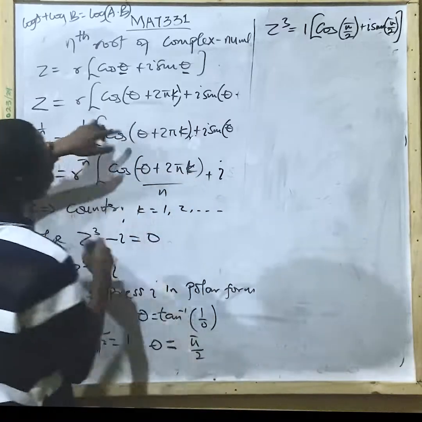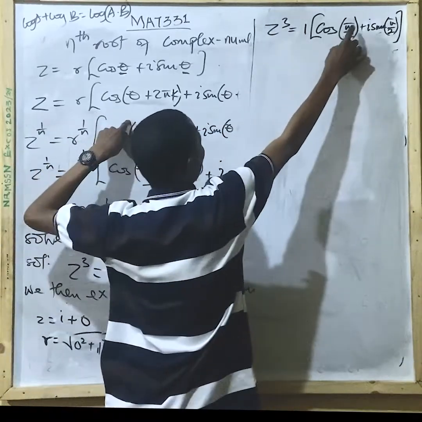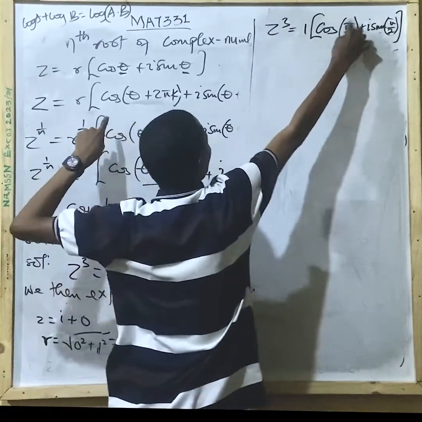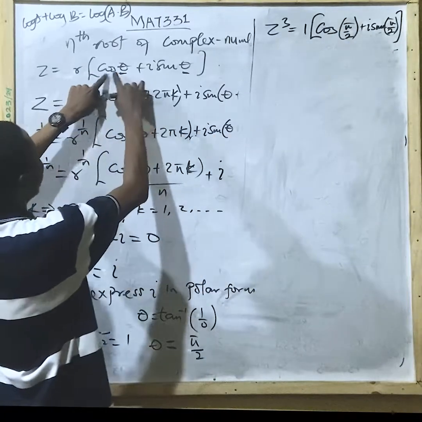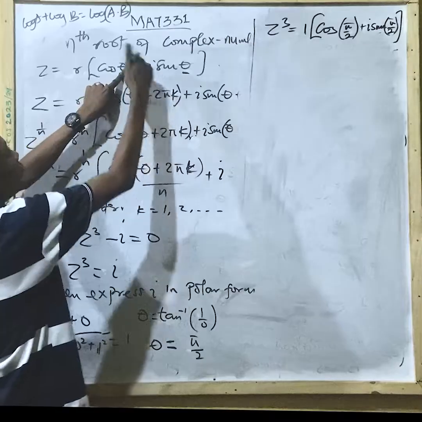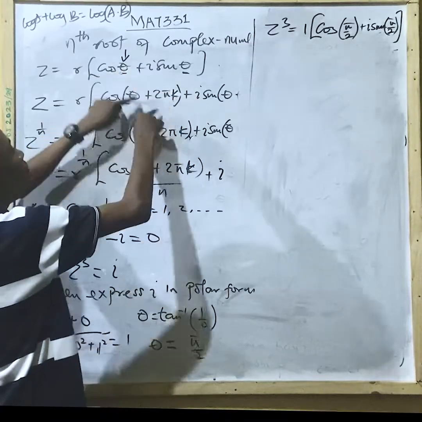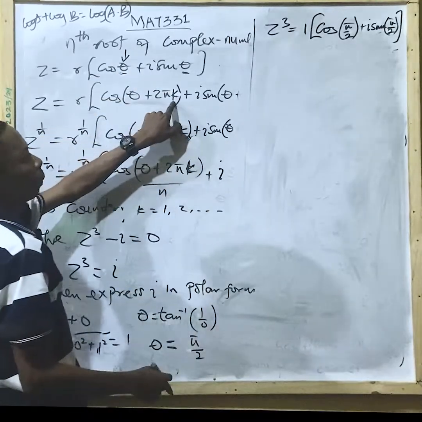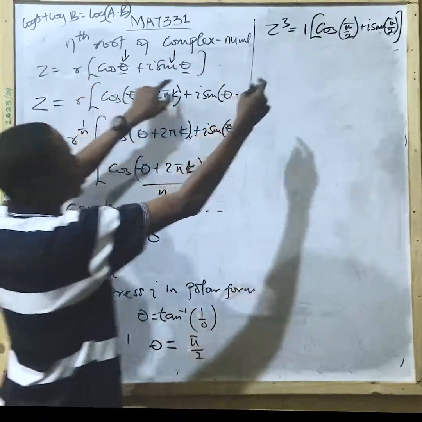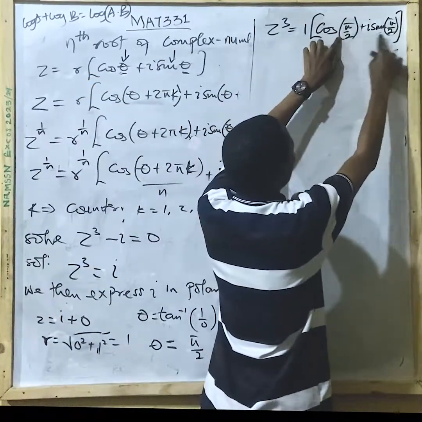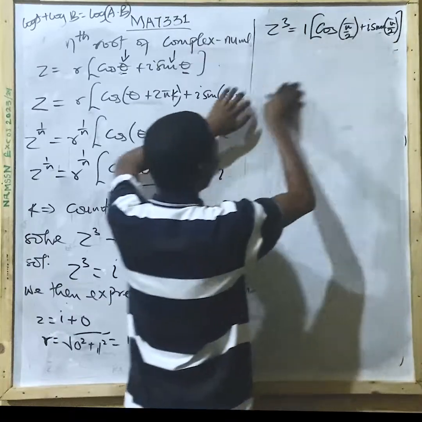The next thing is that whatever angle we have here, we express it in periodic form. After expressing z equals cos theta plus i sin theta, we express the angle in periodic form by adding 2k pi, because the period of sine and cosine is 2 pi.